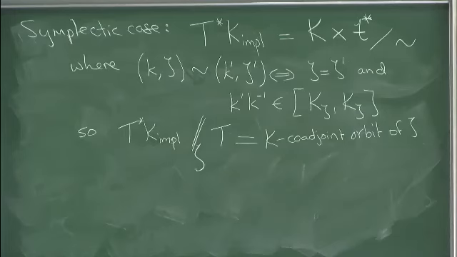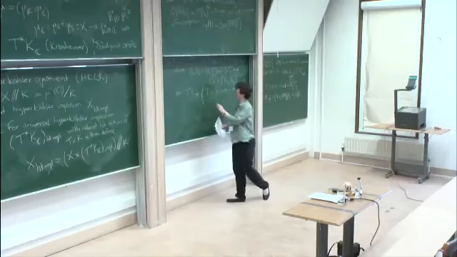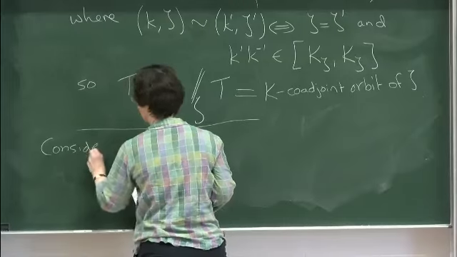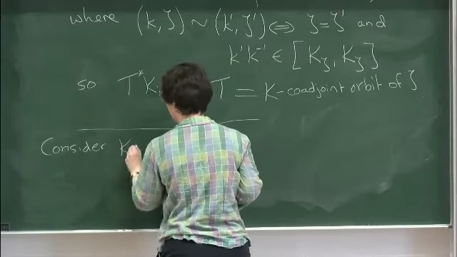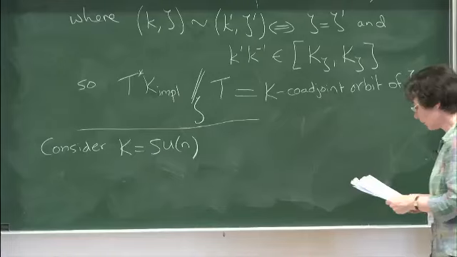So that's what happens in the symplectic case. And so if we go back to the hyperkahler case, as I said, we consider the case when K equals SU(N).